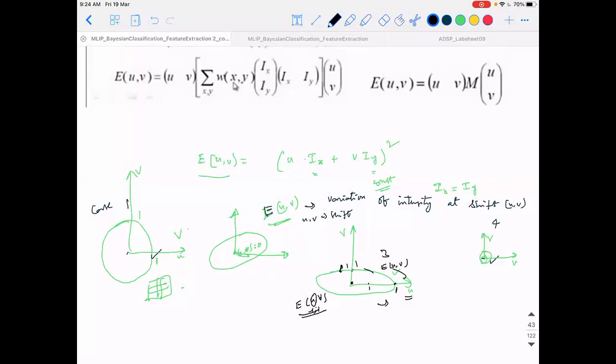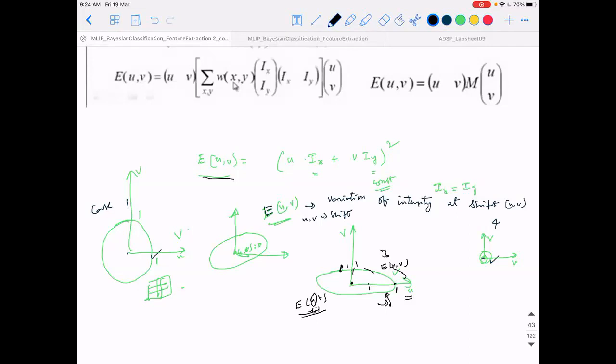If I move slightly in this direction, there is much variability for the values of E(U,V). Correct. So depending upon the way we interpret and draw this, I can say that the variability is more here. If it is a contour of constant E(U,V), then what you mentioned is correct.